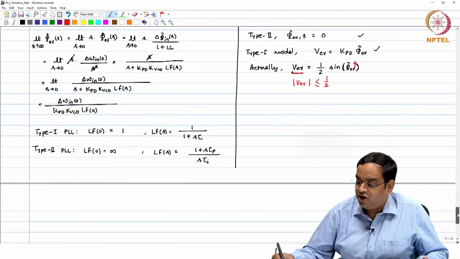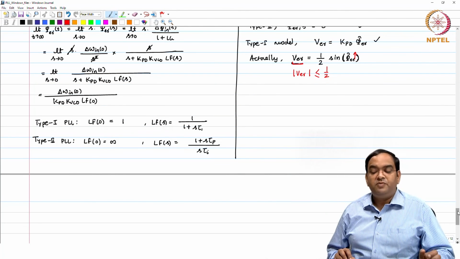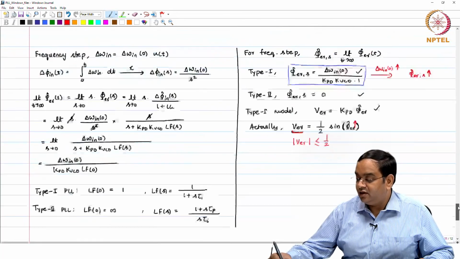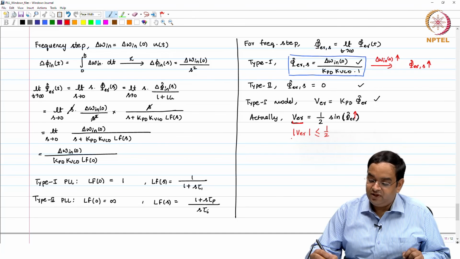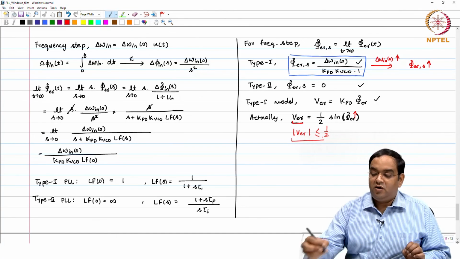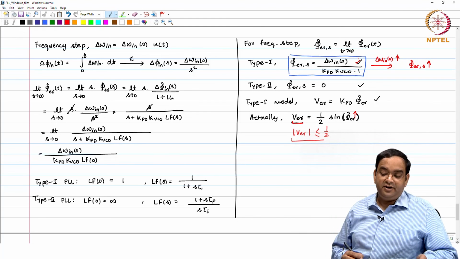So, if V error does not increase, the V control voltage will not increase and you will not be able to get the desired frequency change. But for small changes, which are limited by this, your modeling here of phi error steady state will be valid. Okay.